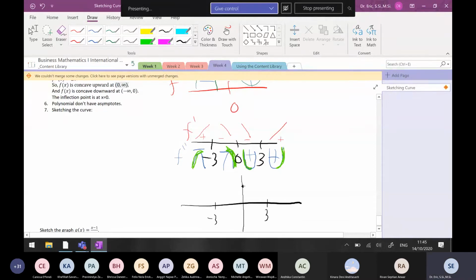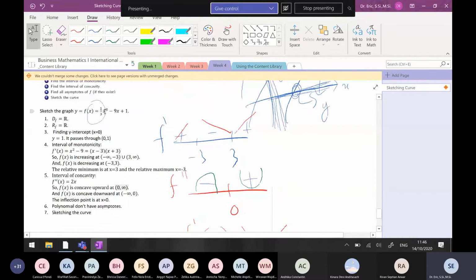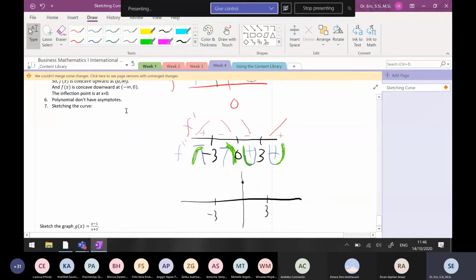When x equals 3, is this positive or negative? 3 cubed is 27, 3 times 9 is 27, and 9 minus 27 is negative. So it should be negative, and I will have this kind of graph.